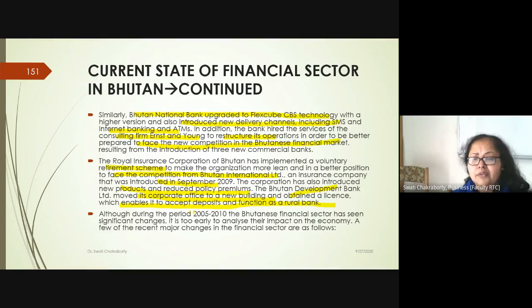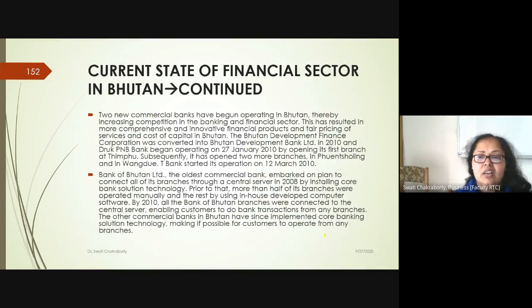So during the period of 2005 to 2010, the Bhutanese financial sector has seen significant changes, right? But it's too early to analyze the impact on the economy. Some of the major changes in the financial sector in Bhutan are: one, two new commercial banks have become operational in Bhutan, increasing the competition in the financial sector, right?